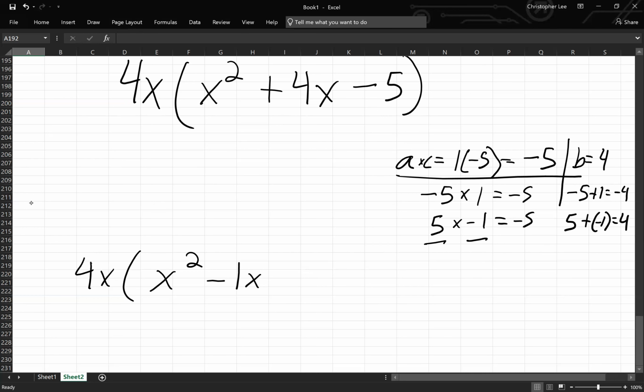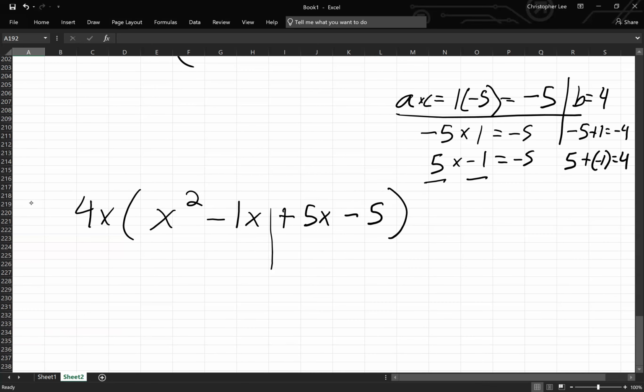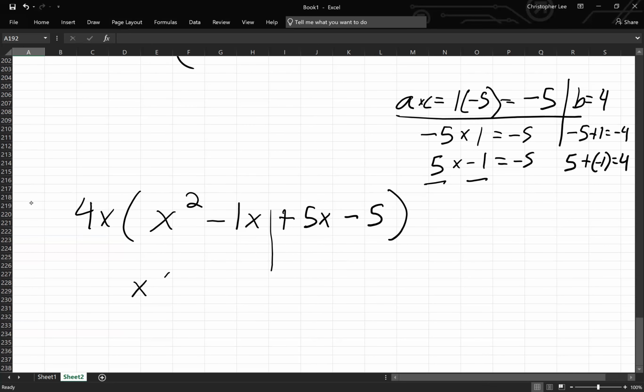Not minus, plus 5x, minus 5, right? And then now we're gonna group it. Left-hand side, what's the greatest common factor? X times x minus 1. What's the greatest common factor of the 5x minus 5? 5, so plus 5.